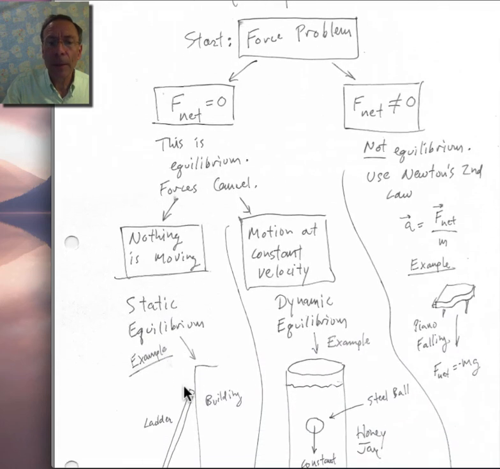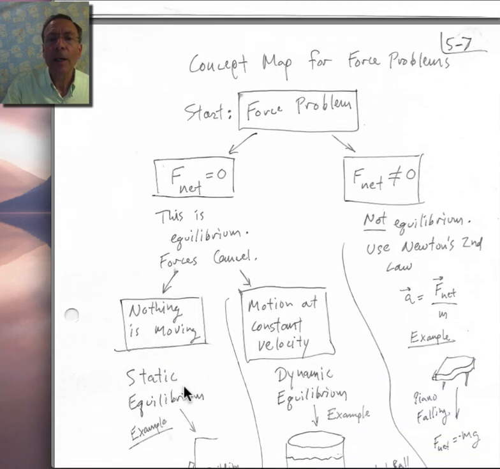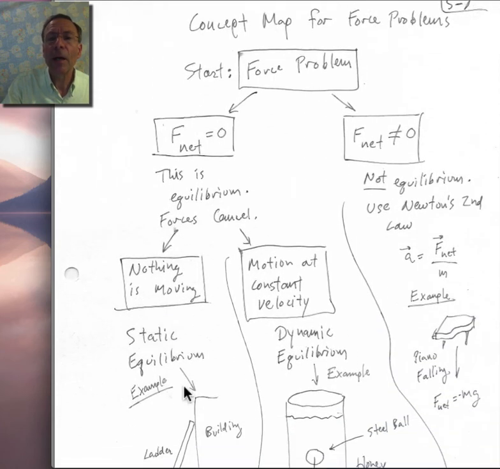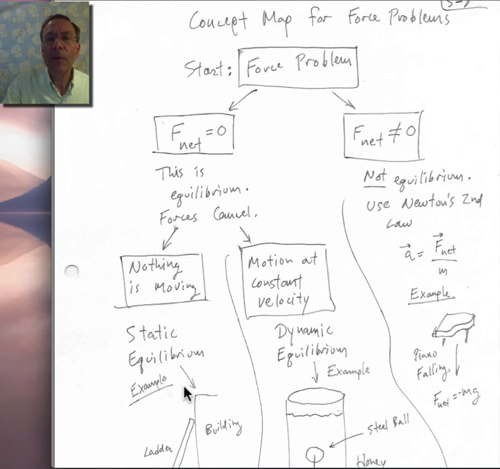So I'm going to wrap things up soon. Here, let's look at my diagram here. So this diagram kind of maps out all the possible problems you might encounter in our textbook and our quizzes and our tests. So they're all going to be force problems.